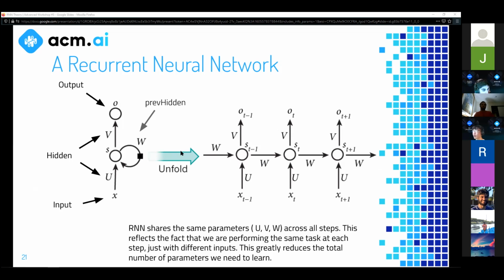While the unfolded version makes it easier to see how the predictions are made through time, you can more accurately visualize it on the left side here, where you have a single state that's continuously updated through time, and that's where the recurrence happens, going back into itself.